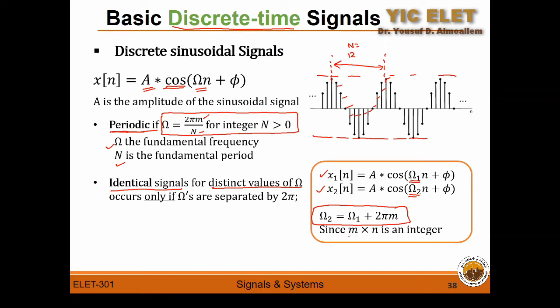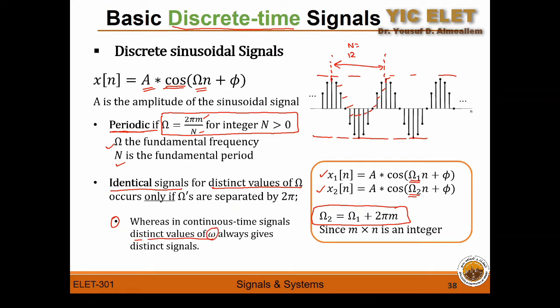So we can find that if these omegas are separated by 2 pi or multiples of 2 pi, then they are identical. Compared to continuous time signals, a distinct value of omega will always give distinct signals, so it cannot have the same frequency.